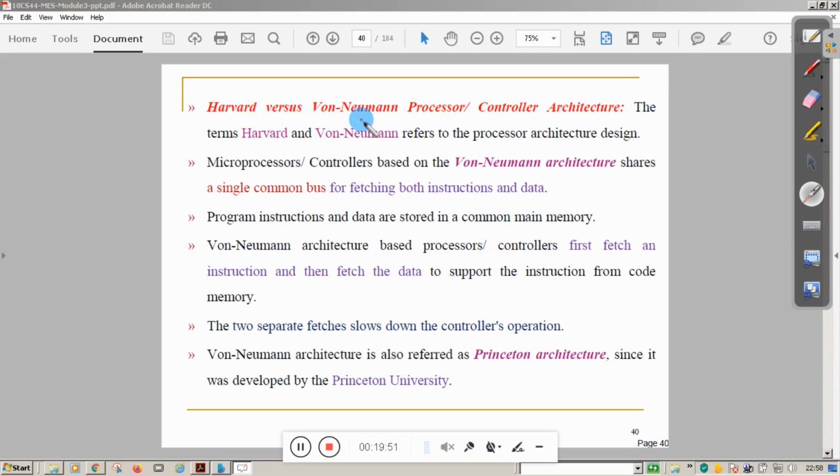But in Harvard architecture there is separate memory for data and separate memory for instructions. Most microprocessors and microcontrollers are based on von Neumann architecture, but RISC processors are based on Harvard architecture, while ARM makes use of both.